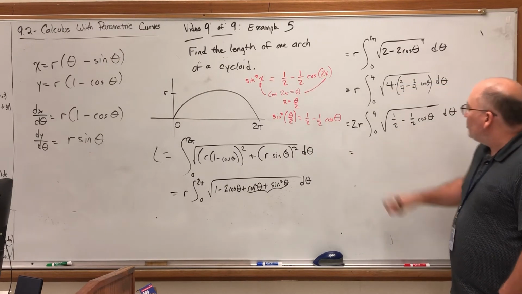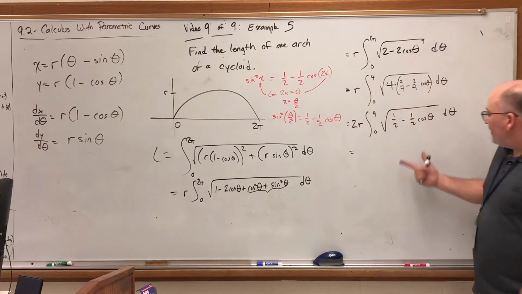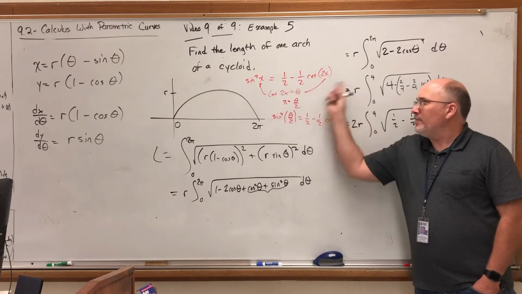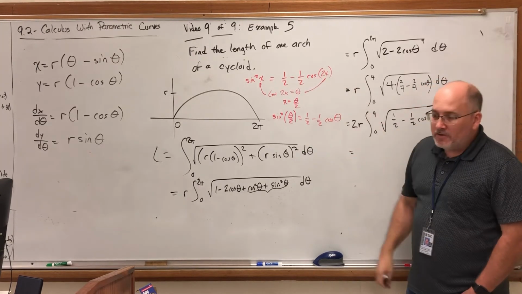So is it a dirty trick to not only pull out the 4 but play this smoke and mirrors game to be able to capitalize on the power reducing formula that has 1/2 minus 1/2 cosine of something?